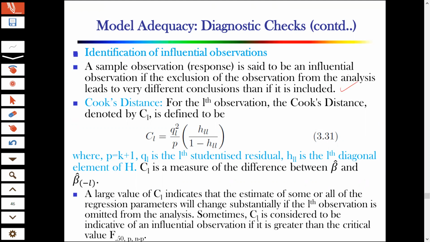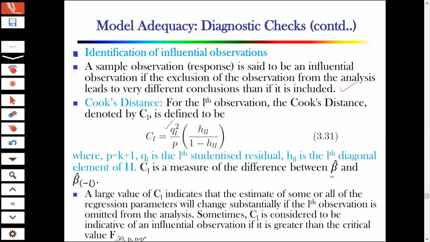The next one is called the Cook's distance. For the Lth observation, the Cook's distance is generated by QL. You probably remember QL is the studentized residual divided by P, and HLL is the Lth diagonal element of the hat matrix. CL is a measure of the difference between beta hat and the estimate calculated when the Lth observation is deleted.